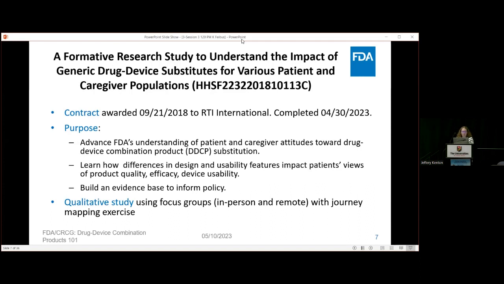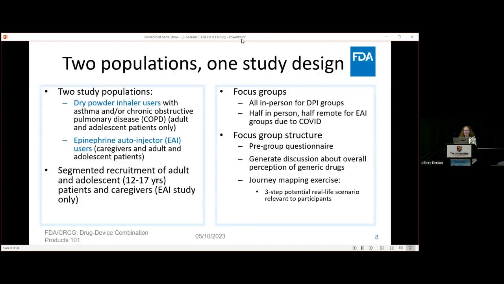This was a qualitative study done through focus groups, both in person and remote, because this study got caught in the middle by COVID. And they utilized a journey mapping exercise. There were two populations that used the same study design.